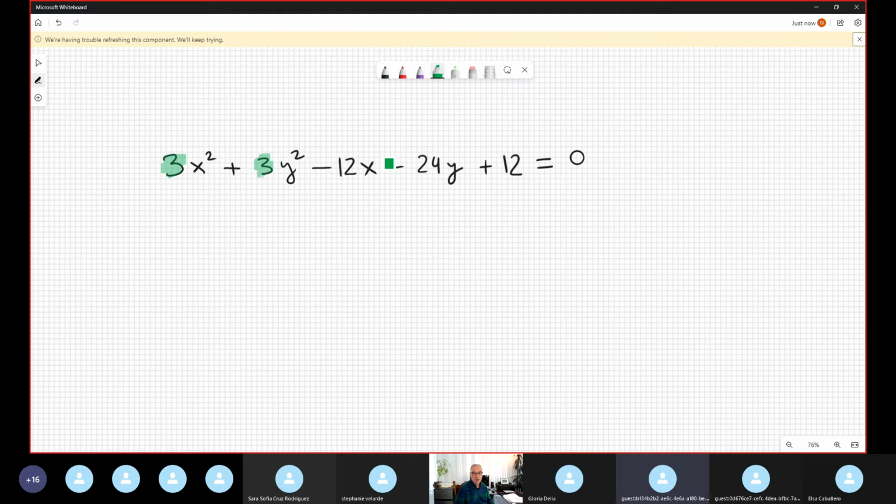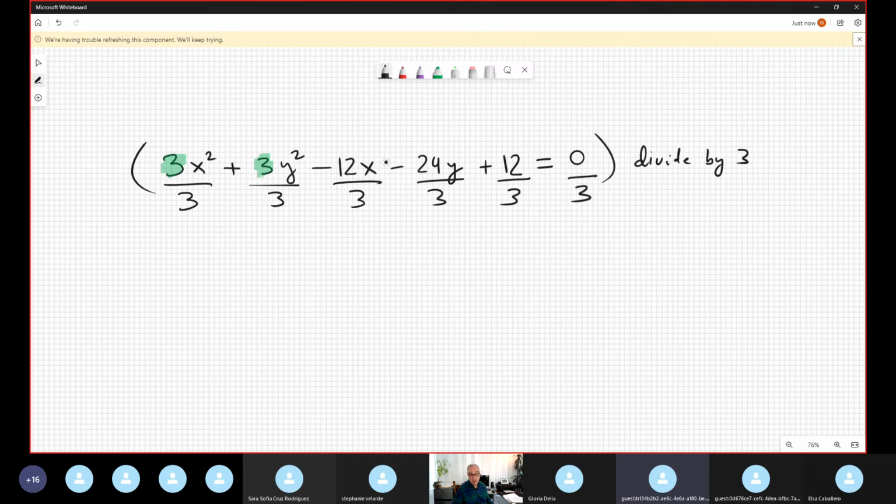If you divide the entire equation by 3, each term divided by 3, and also the right-hand side divided by 3, in order to keep the equilibrium. In this case it's nice because every number is divisible by 3.